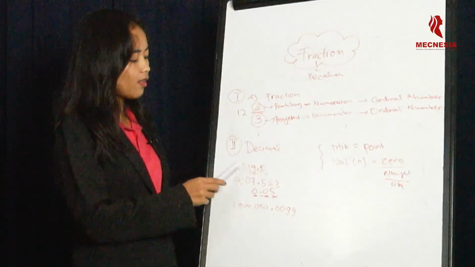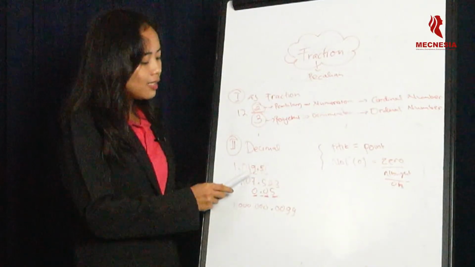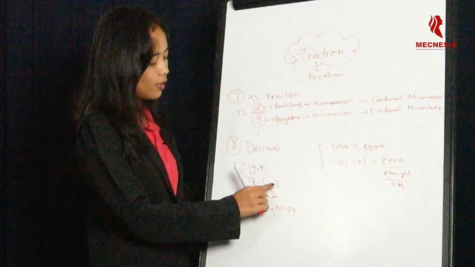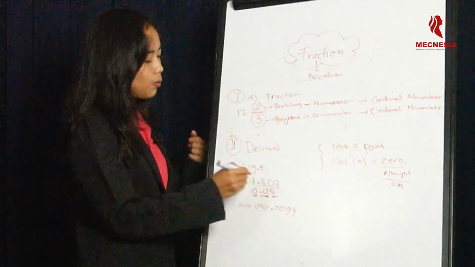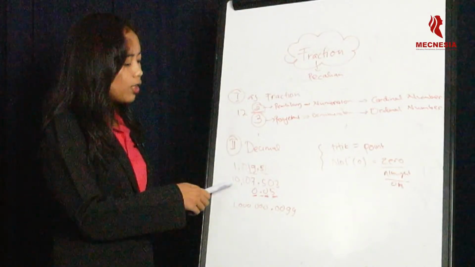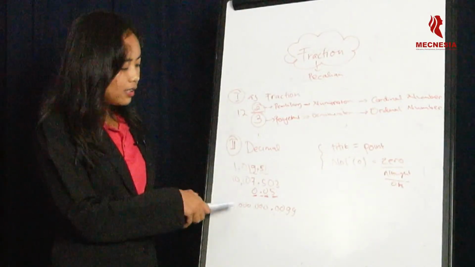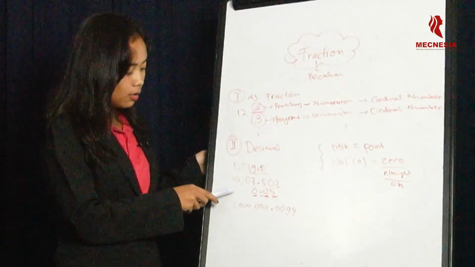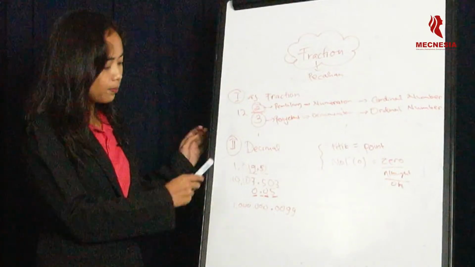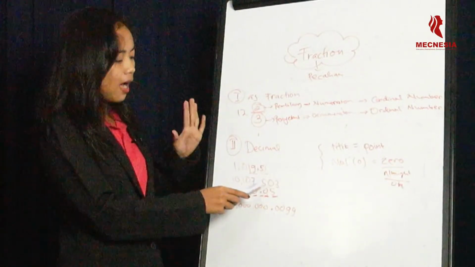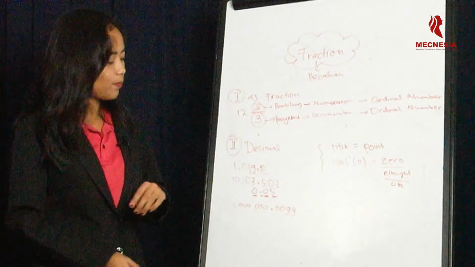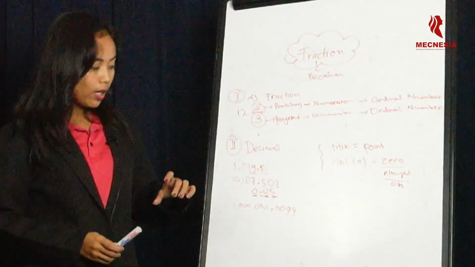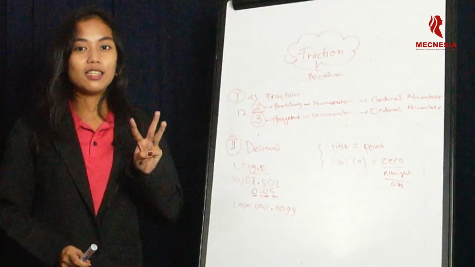For example, this one. 1019.51. Next, this one. 10,107.503.